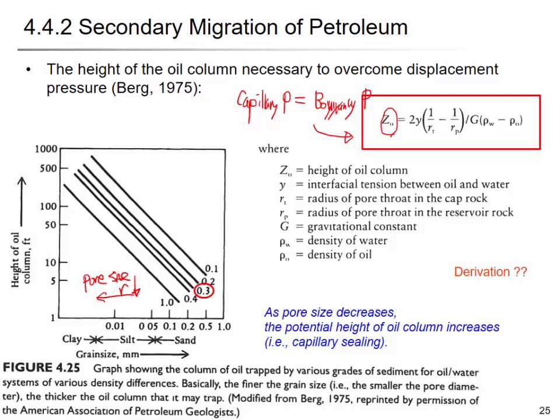So then, why do we need this equation? Why do we need to calculate this height of the oil column? To predict the amount of oil in the reservoir. This is related to how much oil the trap can store by this capillary sealing.